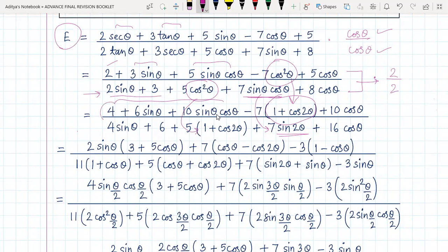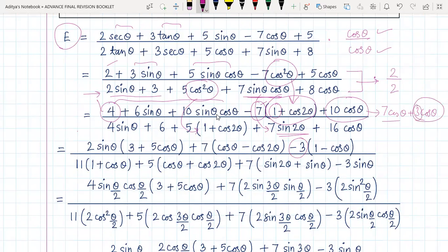First of all, 4 minus 7 into 1 will generate minus 3, right? And this 10 cos theta I have written as 7 cos theta plus 3 cos theta. So now I can take minus 3 common. Look, 4 minus 7 also created minus 3, and since I have generated 3 cos theta here also, so another 3.